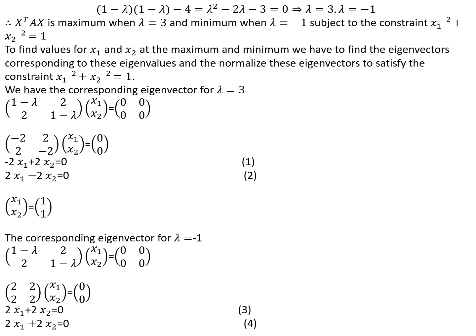To find the values of x1, x2 at the maximum and minimum points, we have to find the eigenvector corresponding to this value and normalize this eigenvector to satisfy the condition, and the condition is x1 squared plus x2 squared equals 1. We find the corresponding eigenvectors for lambda equals 3.